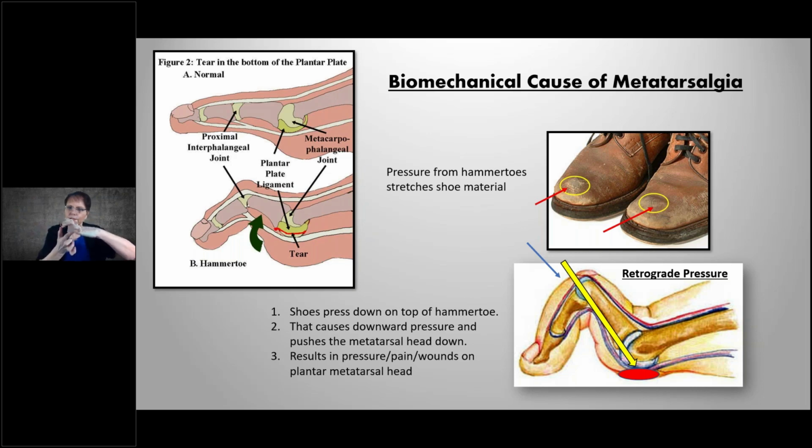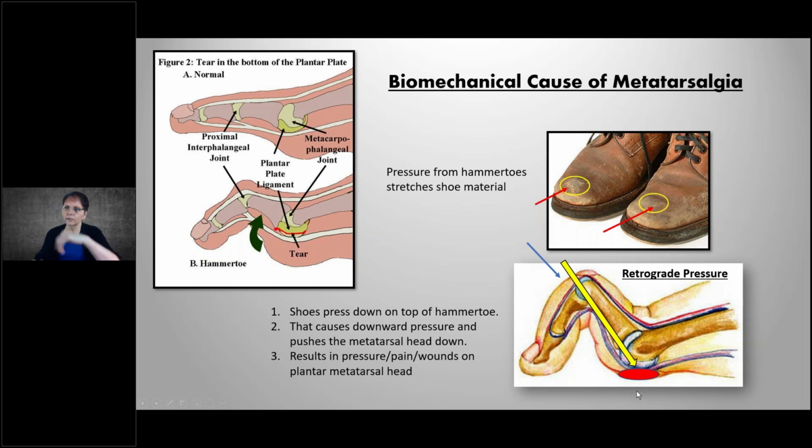So you get two different sores, one under the metatarsal head and one under the toe. You don't always get both, but you see my point. So it's called retrograde pressure. The shoe pressure pushes down on it, but it pushes down this way too. So you can get either or both.